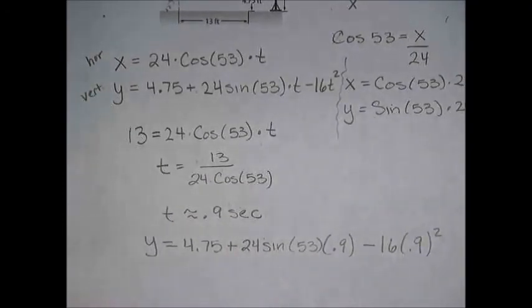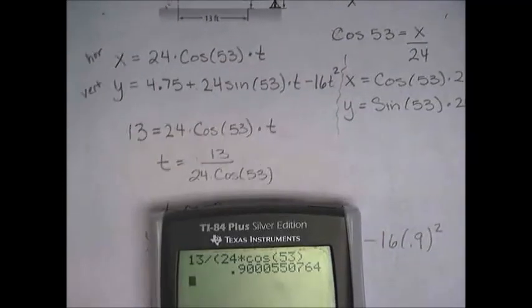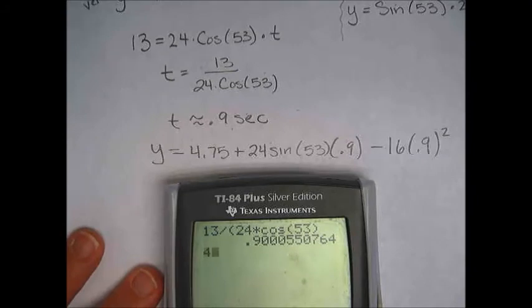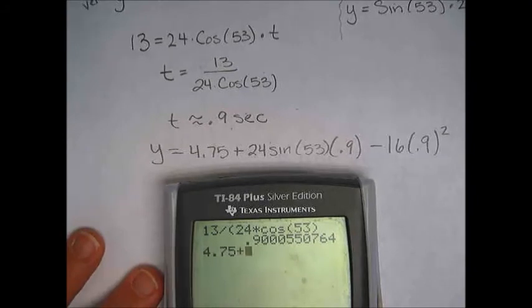So plugging this all in, since I have it here, I can use my answer. I can go 4.75 plus 24 times the sine of 53 degrees times my last answer, minus 16 times that answer squared.